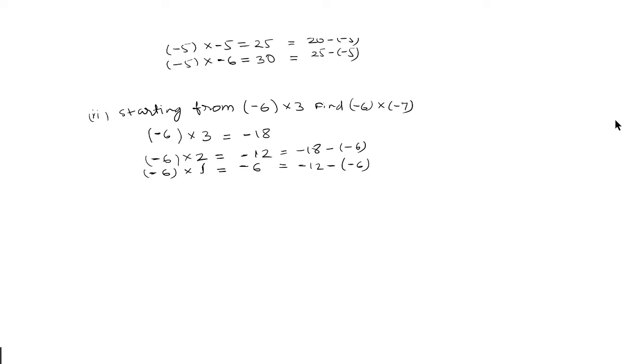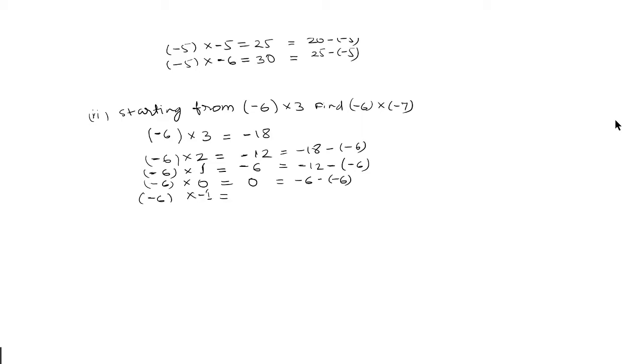So minus 12 minus minus 6 equal to minus 6. Then minus 6 multiplied by 0 equal to 0, which is equal to basically minus 6 minus minus 6.